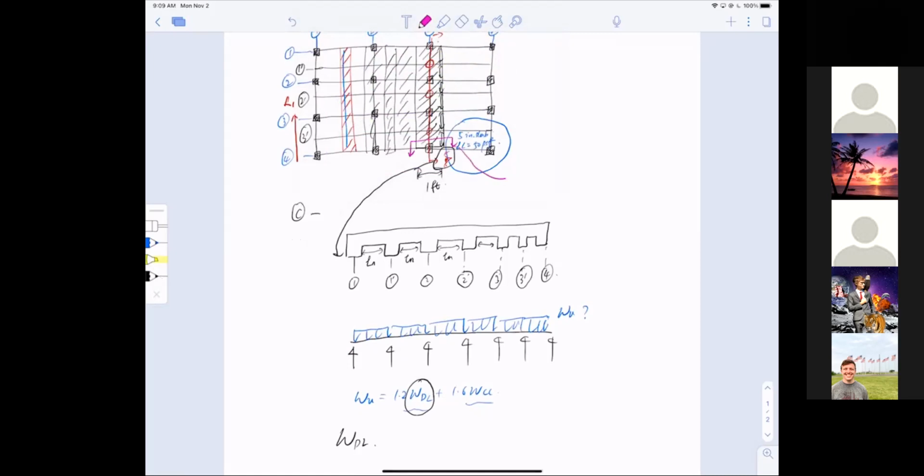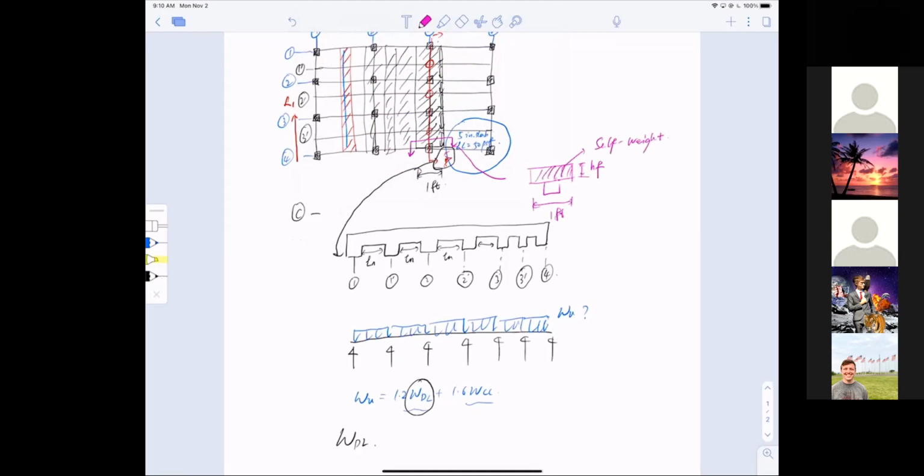If I do this purple-ish cut, what I see is the column underneath it, and this is 1 foot, and this is the height hf, and the shaded area is the self-weight of the concrete slab sitting on top of my beams or girders.